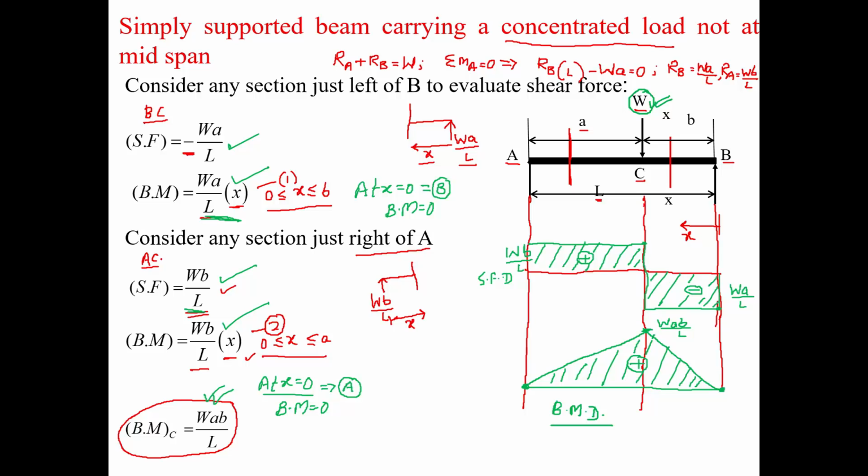You can see that shear force is constant in the zone CB, while in the same zone CB the bending moment is linear.